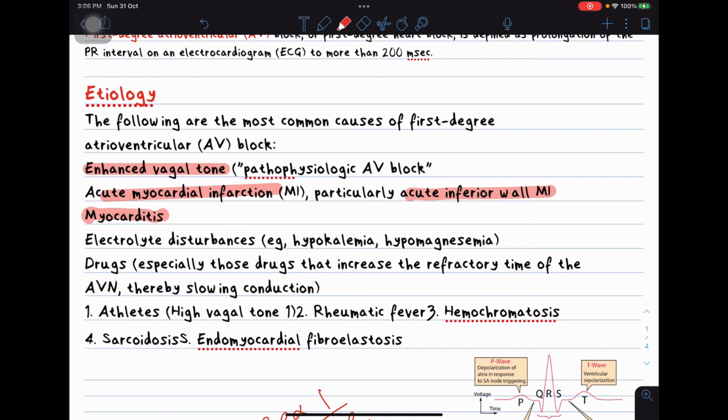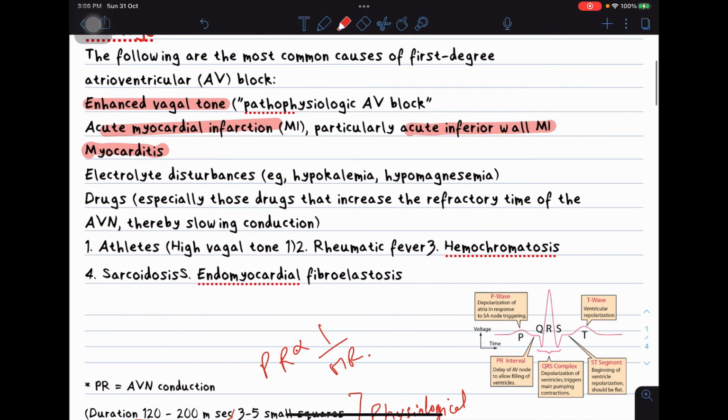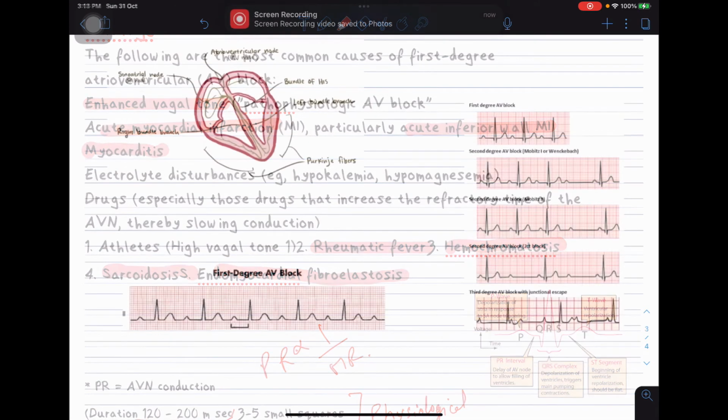Some drugs can also cause it, and athletes, due to high vagal tone, can also have prolongation of the PR interval, but in them it is physiological. The pathological causes are rheumatic fever, hemochromatosis, sarcoidosis, and endomyocardial fibroelastosis.